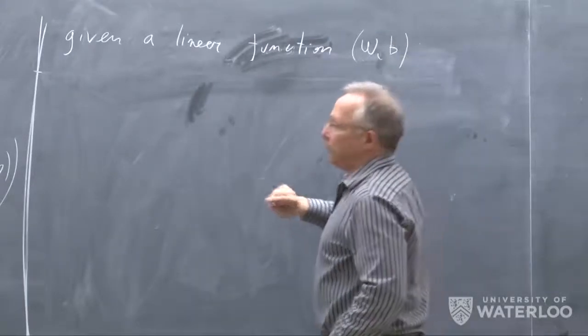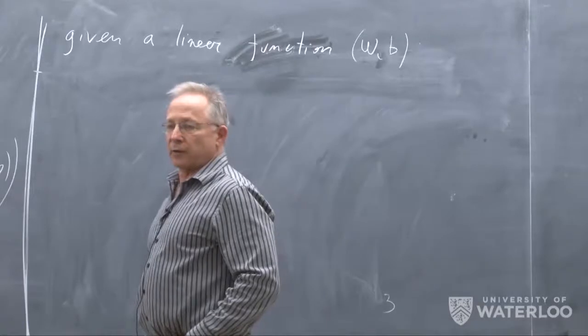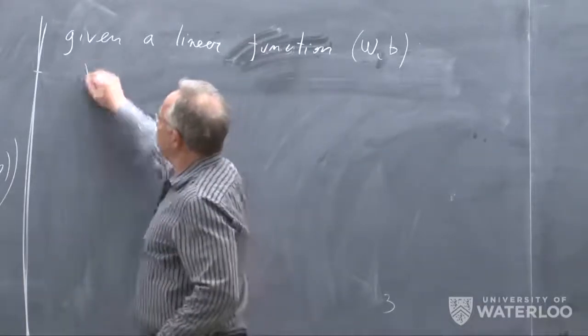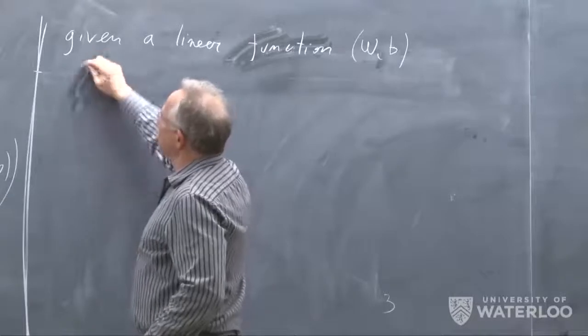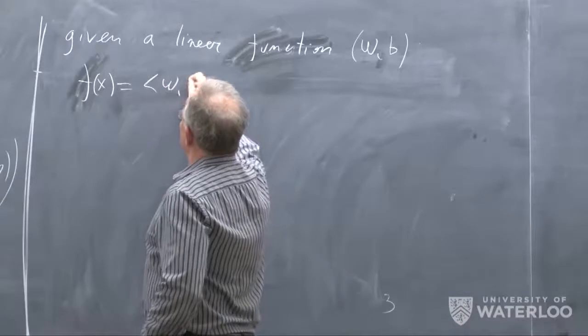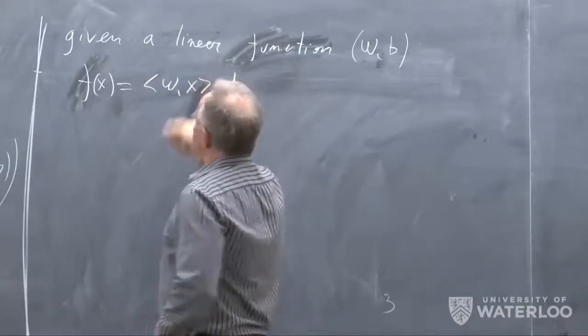So the linear function is just the function f of x, or h of x. f of x equals w dot product x plus b.